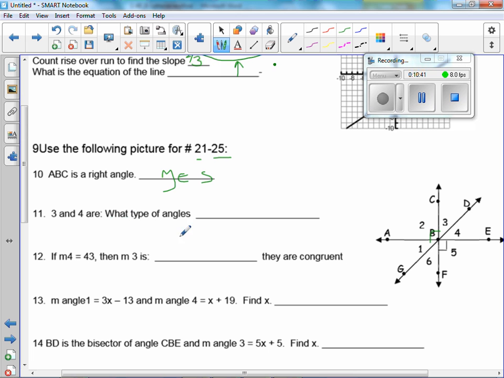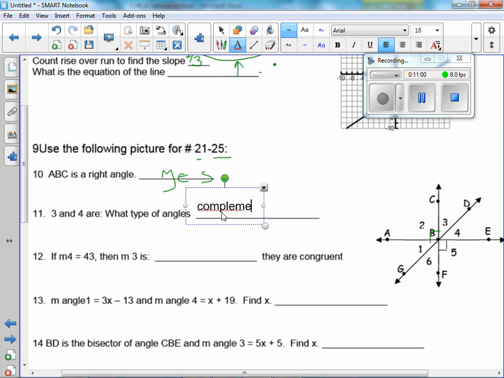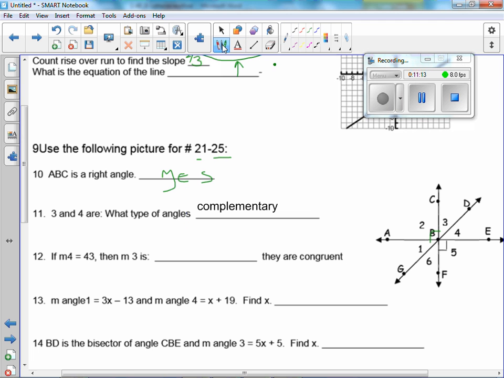Angle 3 and 4, what types of angles? So you see angles 3 and 4, and then it adds up to be 90 degrees. So we know when two angles add up to be 90 degrees, they are called complementary angles. So if the measure of angle 4 is 43, then what is the measure of angle 3?